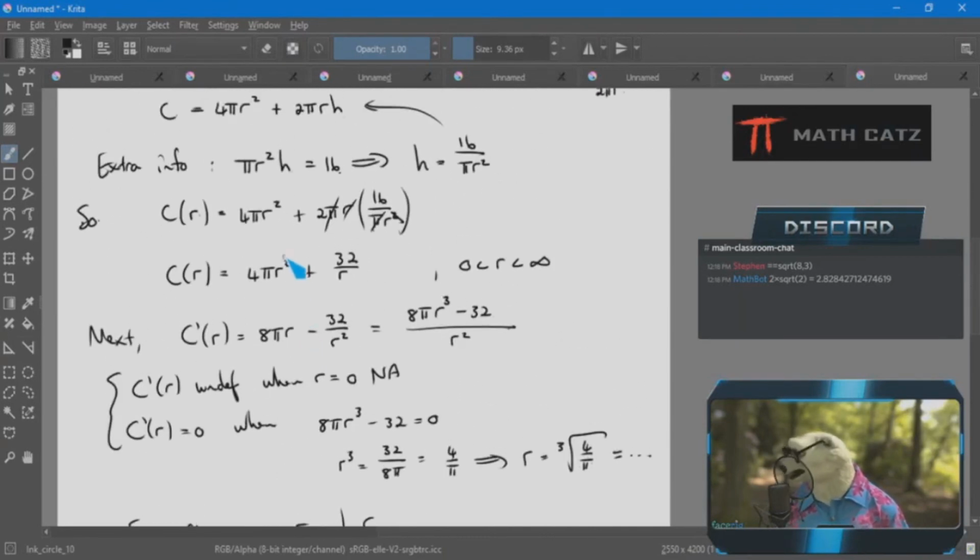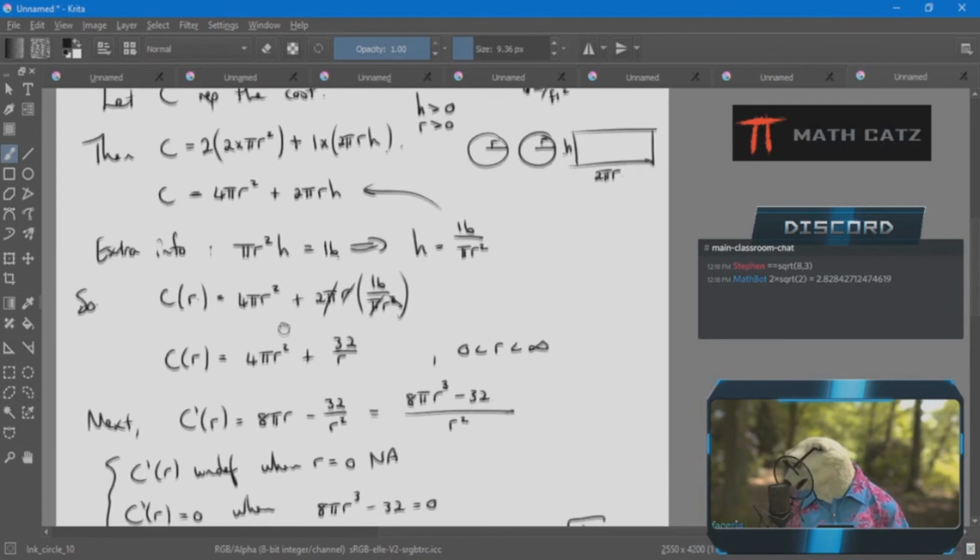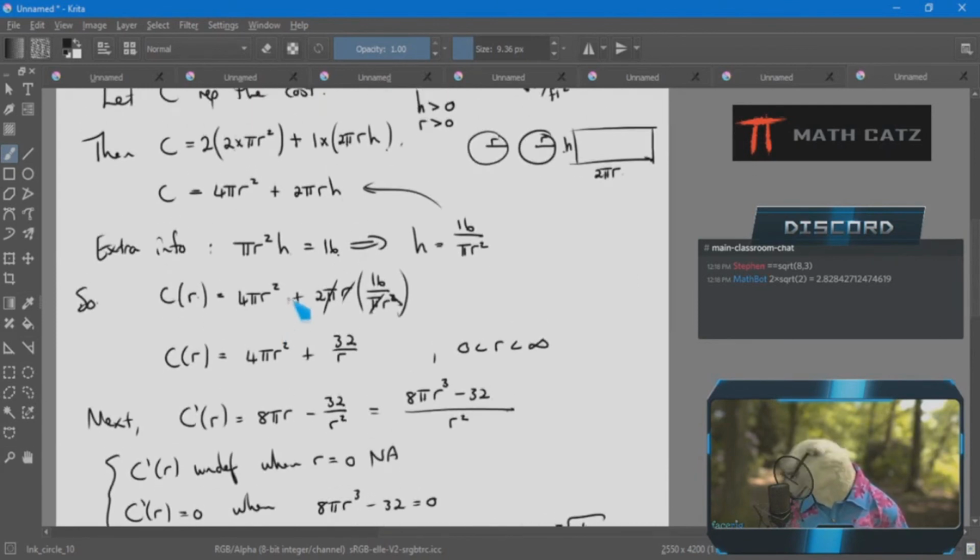where's my cost function? If we look at this guy, if we do get close to a small radius, the second term is going to blow up the cost. If we do get close to a big radius, the first term is going to blow up the cost. So either way, we're not cost effective in those extreme cases.